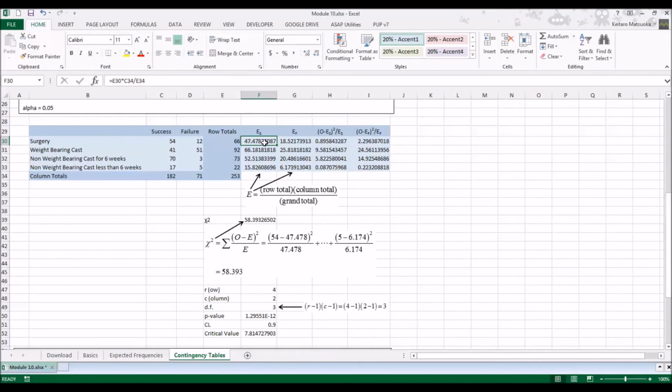So here, E of S, that's expected number for success, will be row total multiplied by column total. So the row total will be 66 multiplied by 182 column total divided by 253. So if you look at my references, you see that I'm multiplying 66, 182 divided by 253. So you have to do that for every single cell. In this case, the row total will be 92, column total will be 182 divided by 253. So you do that for every single one. It's a pain, but that's what you gotta do.